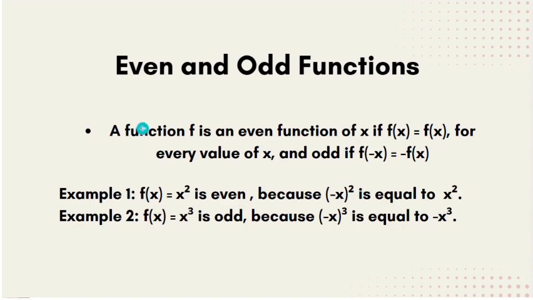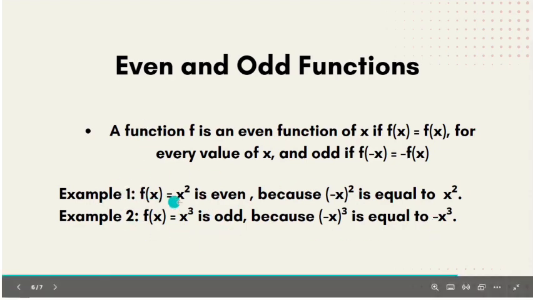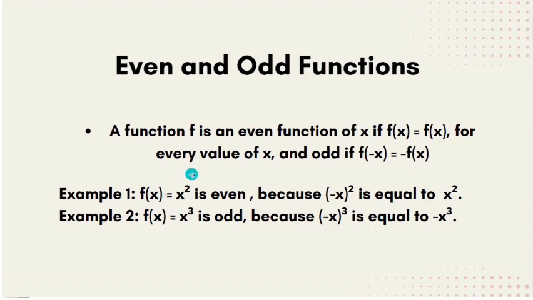So here, what we're going to do is replace x with negative x. For x squared, we replace this x with negative x. That's why we have negative x raised to 2, which is negative x times negative x, equal to x squared.